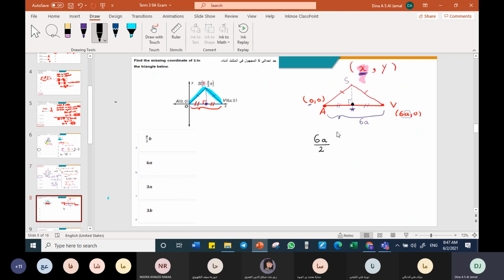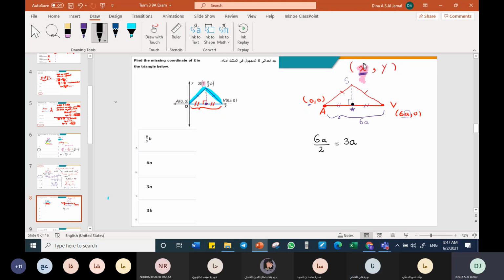Here it is the same. You have one whole segment, you cut it by 2, so 6A over 2 will give you how much? 3A. 3A, excellent. That's it.